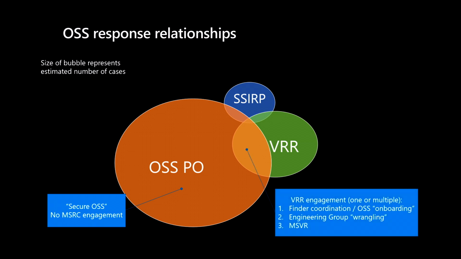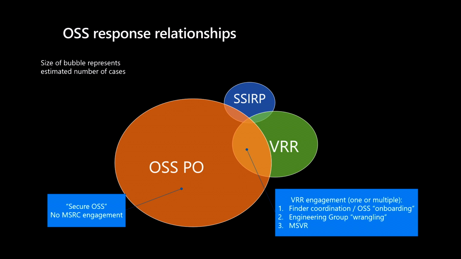Now, there is an area where we will interface with the OSS program office. Again, the most common scenario will be a finder that reports a vulnerability in one OSS component. We will use the programs and the tooling built by the OSS program office to find who's vulnerable and then get them into a remediation path.